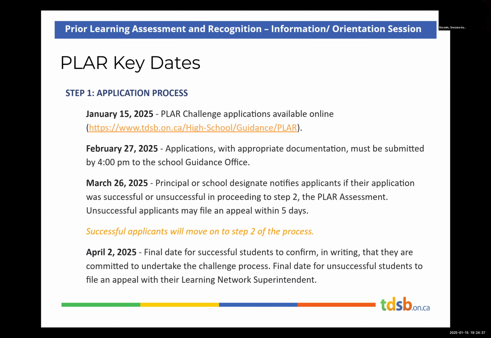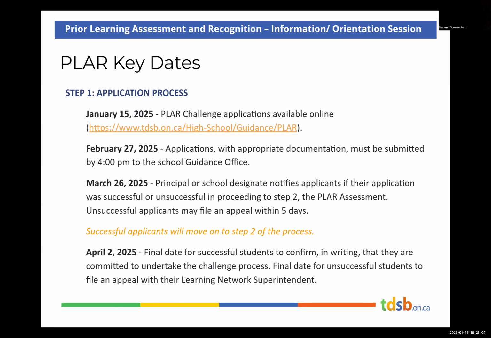February 27th at 4 p.m. is when all of your documentation and application must be submitted to the school guidance office. Once your application is submitted, there is no other opportunity to add or include any additional information. So it is critical to make sure that you have covered and included everything that is required.